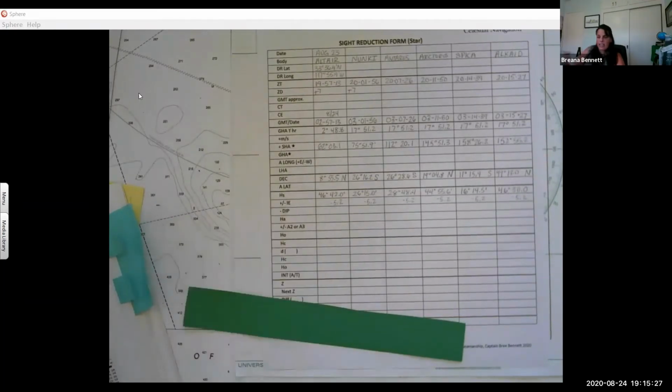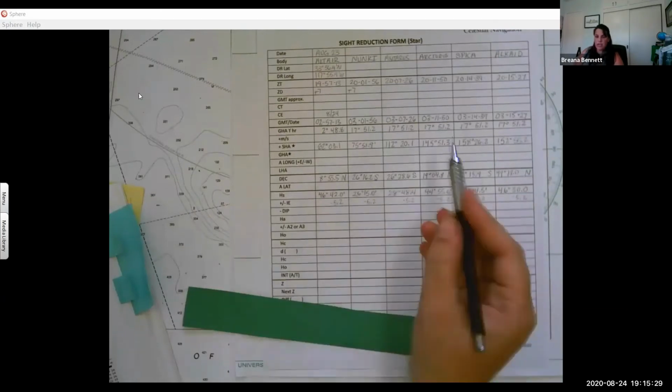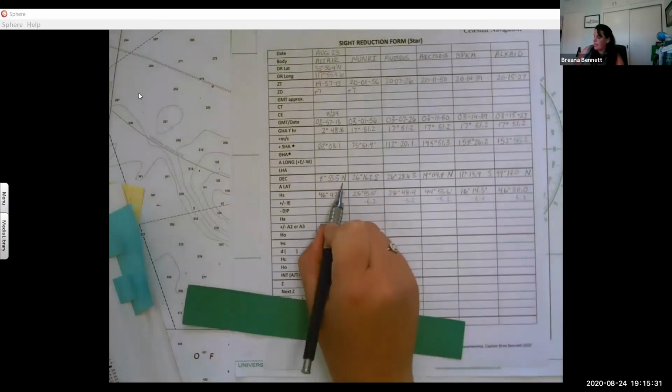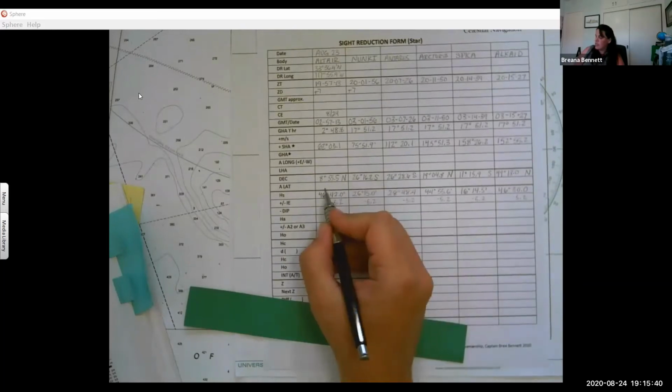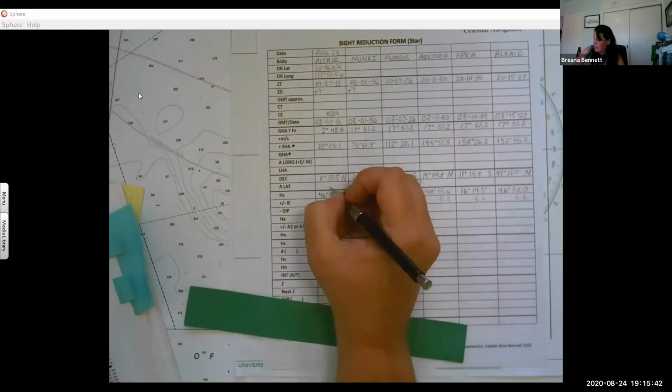As I was writing that, I noticed what I was doing and I wanted to explain it. On my declination, I always put my indicator, if it's north or south, on the end, because for latitude, that's where I put it. I put my 34 degrees north.